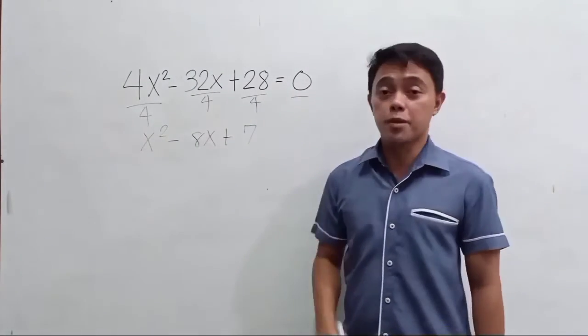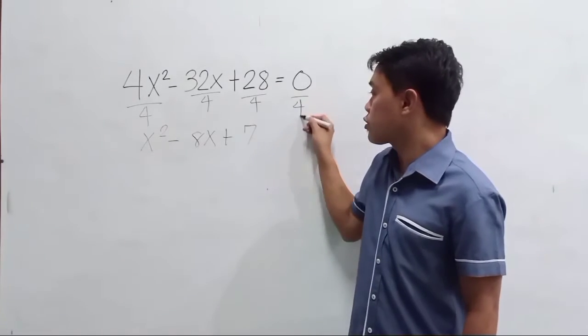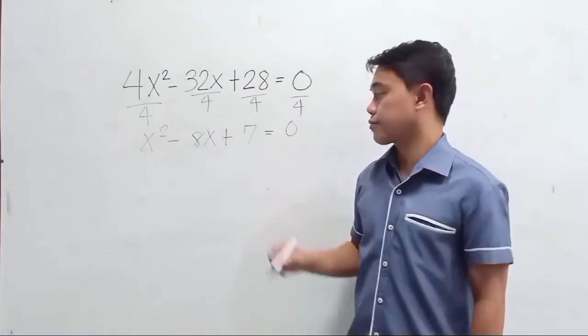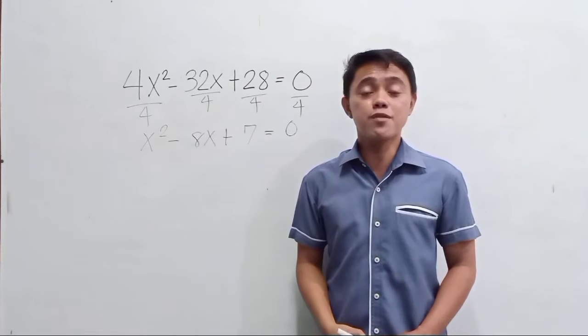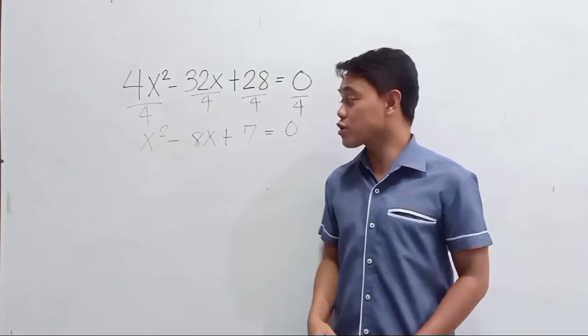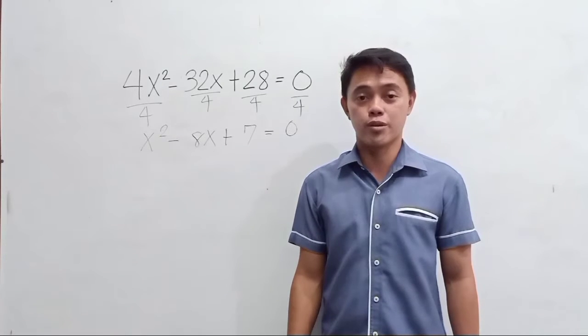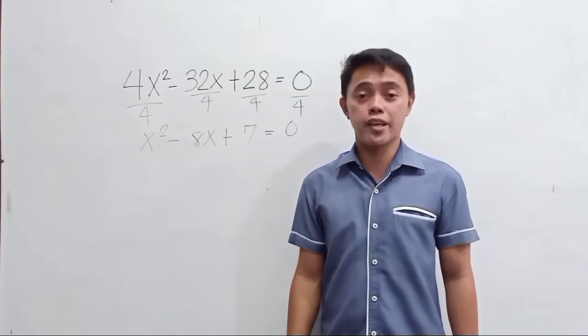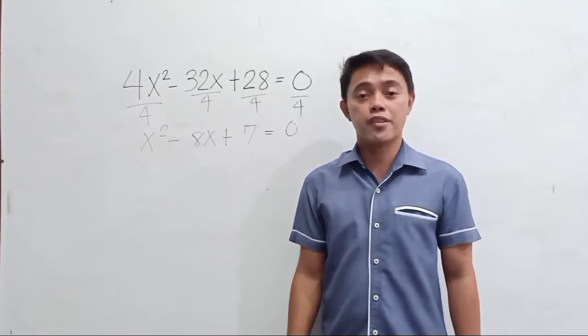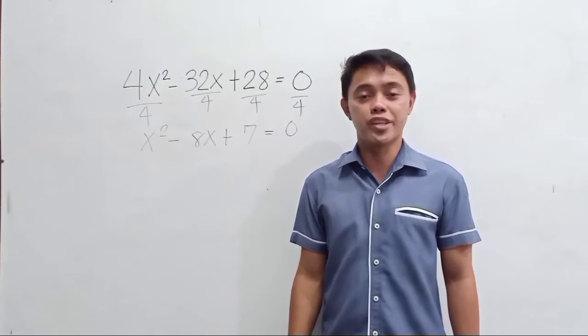And 0 divided by 4 is equal to 0. Now, the simplest form of the equation is x squared minus 8x plus 7 is equal to 0. When the value of a becomes equal to 1, then we can now proceed to the next step.